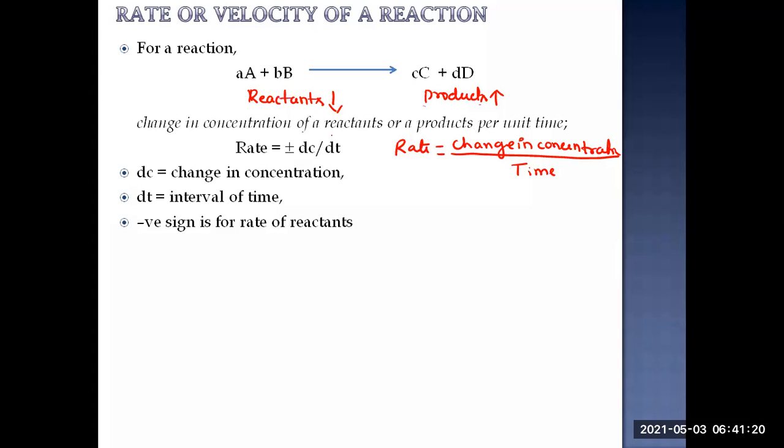So negative sign is for the rate expression of reactants, whereas positive sign is for the rate of products. Now, why do we need to give a negative sign for reactants? Can anybody tell me? Why do we give a negative sign for the rate expression of reactants?